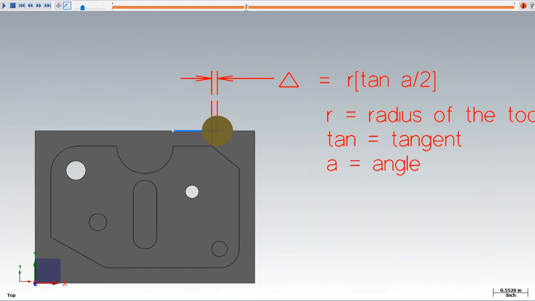All right, so if we continue this on, we can see as the cutter's coming down, we're going to have to do another calculation for this corner. And so there'll be 2 calculations for each angled cut.